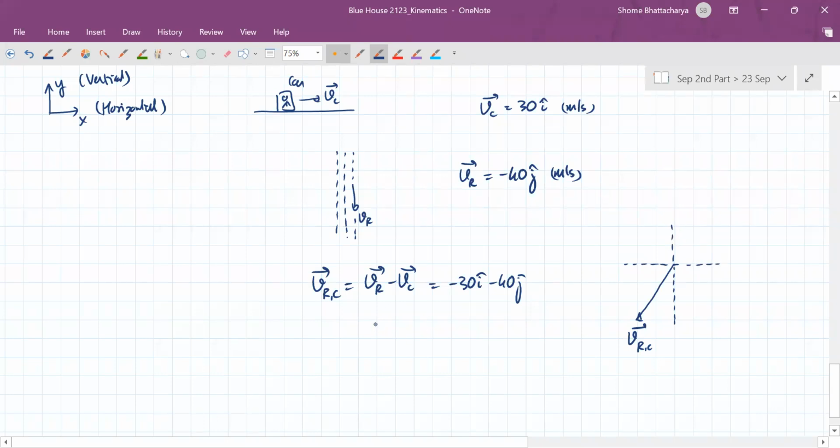So you can see the magnitude of this, and we want to find out this angle. So this angle we can see is such that this component is 30, this component is 40.